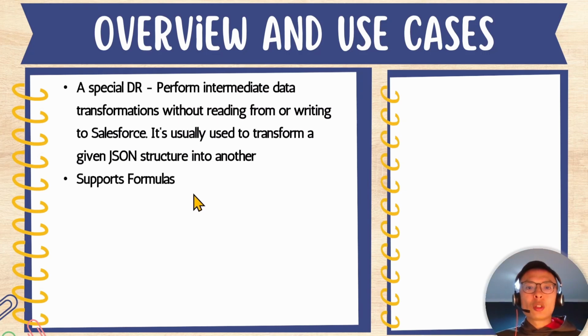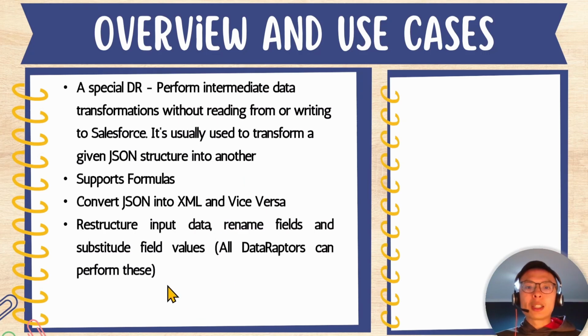And similar to DataRaptor Extract and DataRaptor Load, it supports formulas. It also has the ability to convert JSON into XML and vice versa. Like other DataRaptors, it can restructure input data, rename fields, and substitute field values.